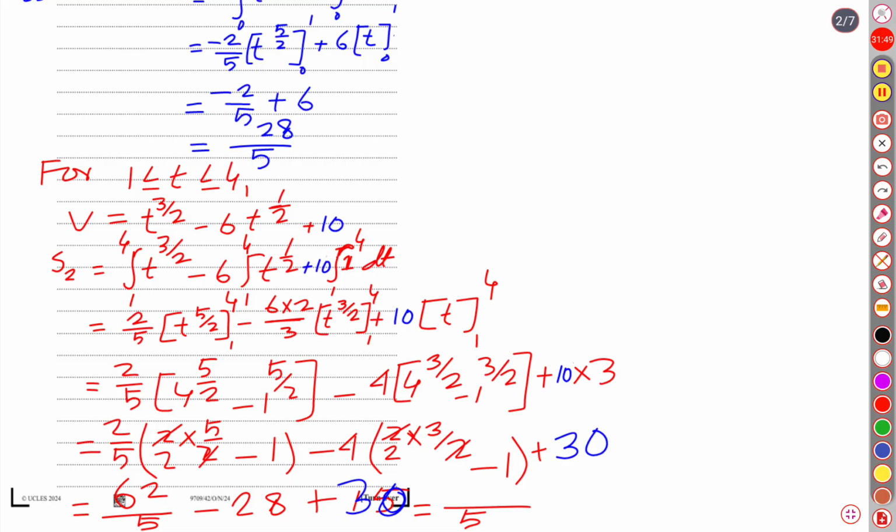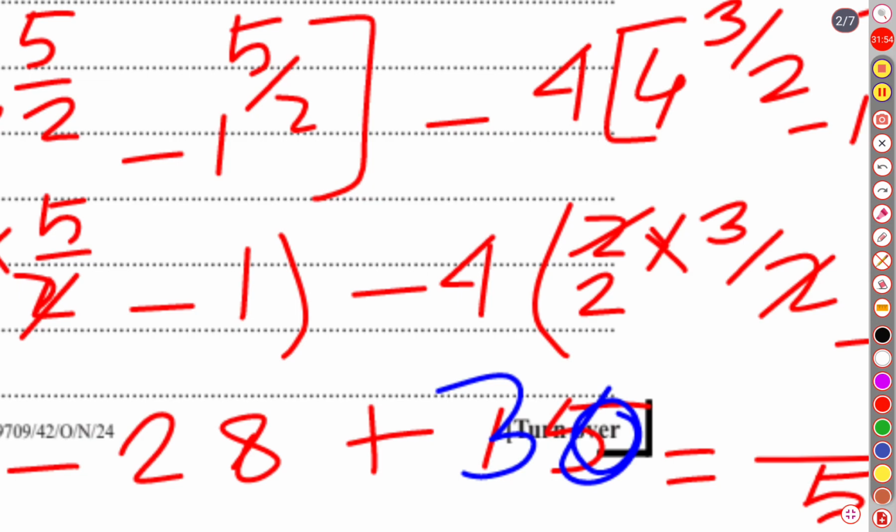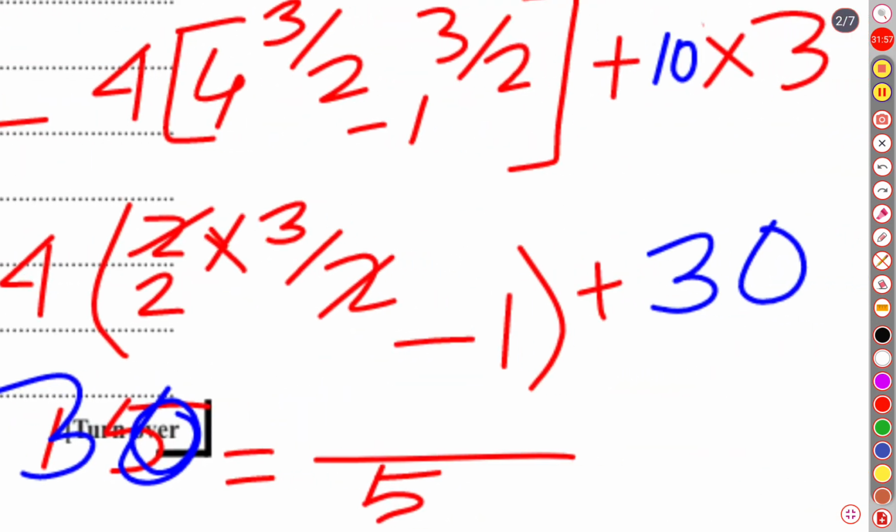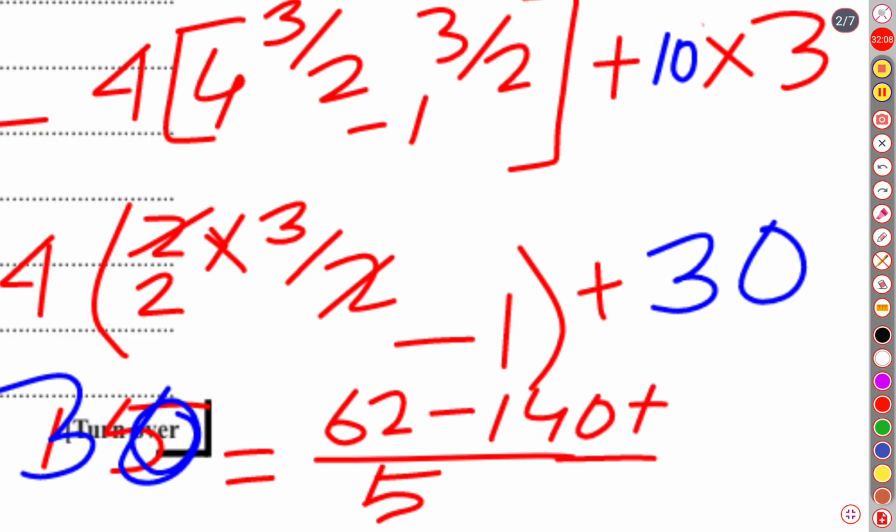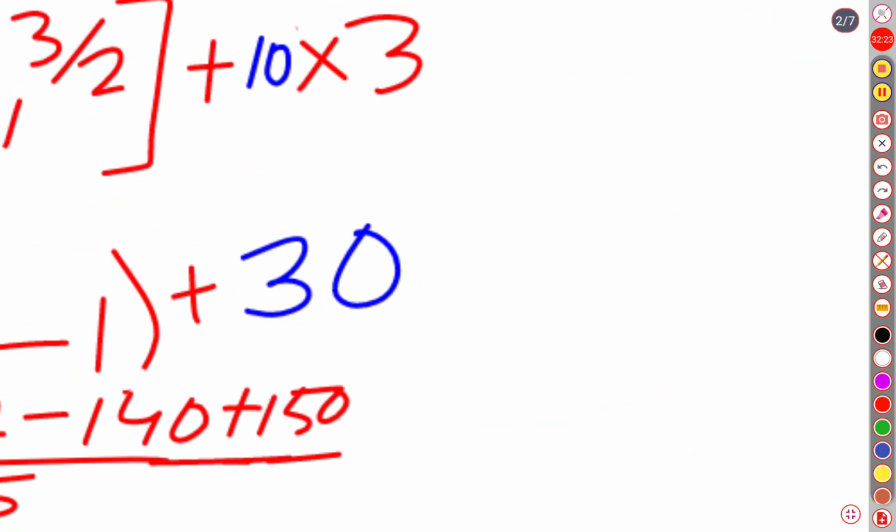So 62 and 5 times 30, if I elaborate this, it is going to be 62 plus 150. Okay, so what is it going to be? It is going to be 212 over 5, which gives 72 over 5 for this phase.